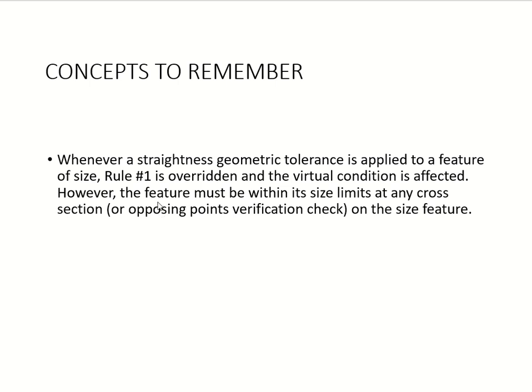We show going from MMC to LMC, and how each geometric tolerance is added up to each small unit going down from MMC to LMC. And you have your total tolerance, which is the one you want to use instead of applying rule 1.